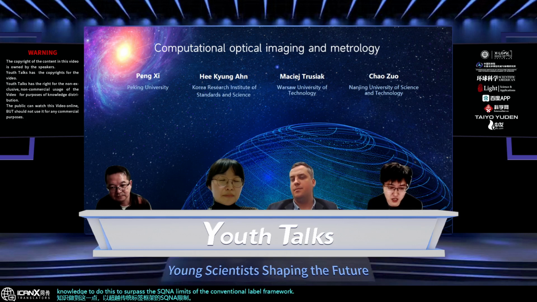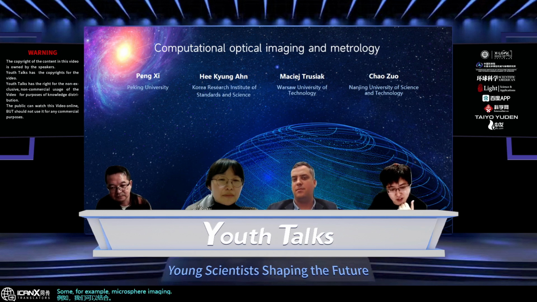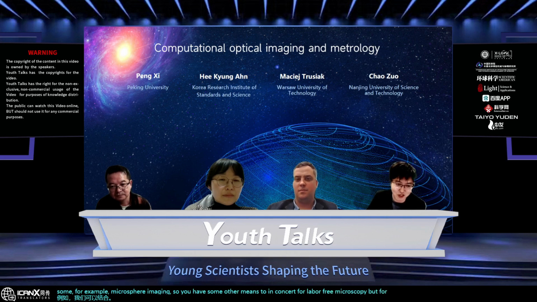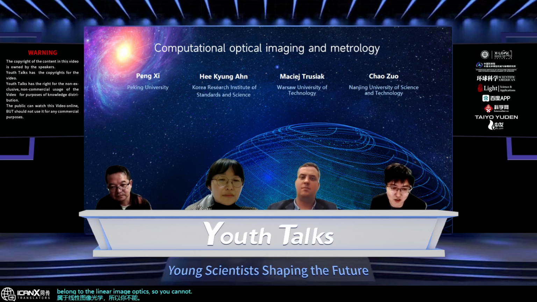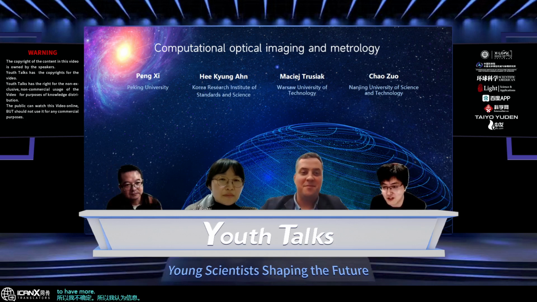We can also combine, for example, microsphere imaging. So we have some other means to enhance resolution for label-free microscopy, but conventional phase imaging belongs to linear imaging optics, so it cannot surpass the NA resolution limit. I'm not sure, so I think Maciej may have more opinion on this question.